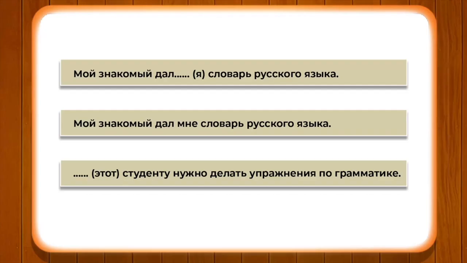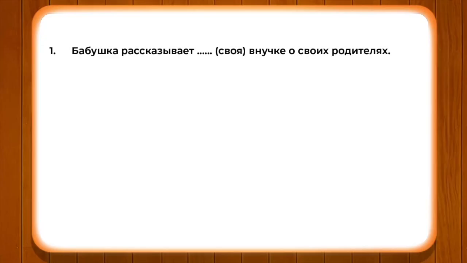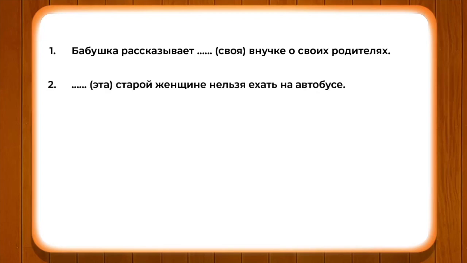Now let's go ahead and pay attention to a few more exercises. So number 1 is Бабушка рассказывает своя. So it is a feminine gender noun. Внучка changes into своей внучке о своих родителях. Бабушка рассказывает своей внучке о своих родителях. Это, in bracket, старой женщине нельзя ехать на автобусе.